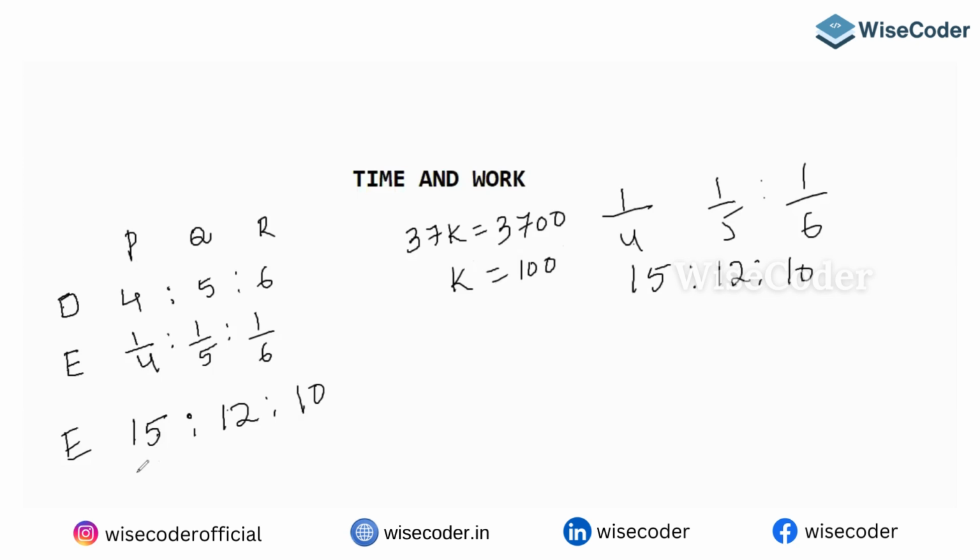P is earning 1500, Q is earning 1200, and R is earning 1000. So P's wages are 1500. This is how you can answer your question.